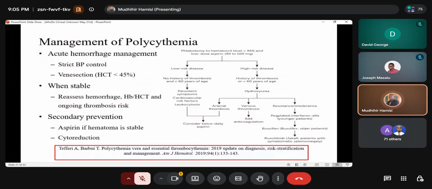On the management part now, as Dr. Joseph said, it was very challenging to control the pressure of these patients. Initially, we started with labetalol, but the pressure was still high, above 200. We added hydralazine, nifedipine, telmisartan, and still the pressure was very, very high. On the third day, we consulted hematologists.